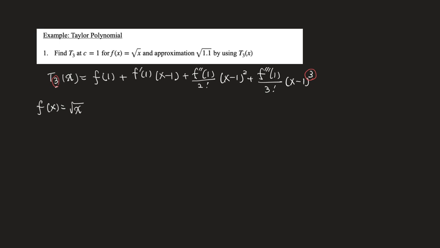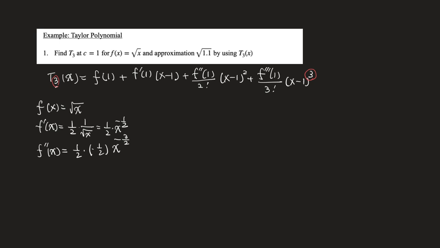f prime of x is 1/2 times 1 over square root of x. Guys, make sure you see how to find it. Another way: 1/2 x to the negative 1/2.